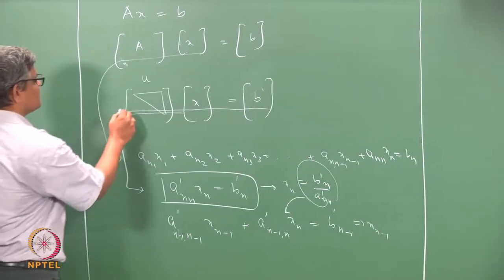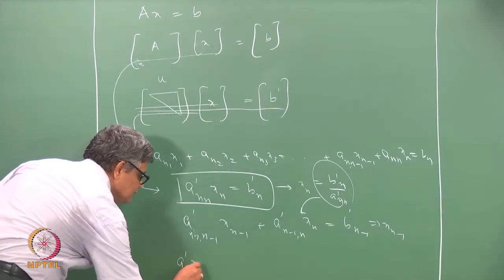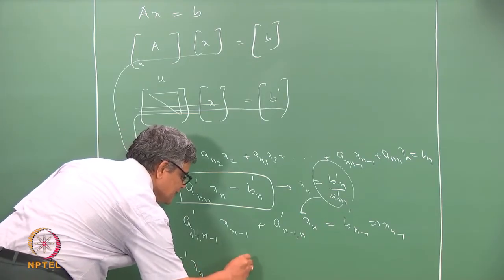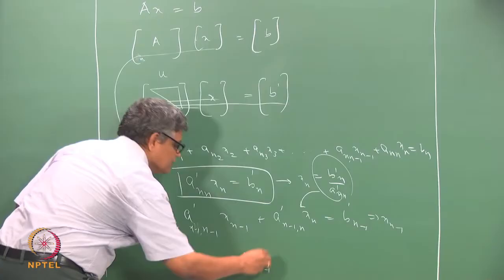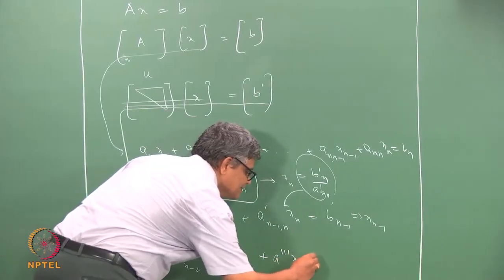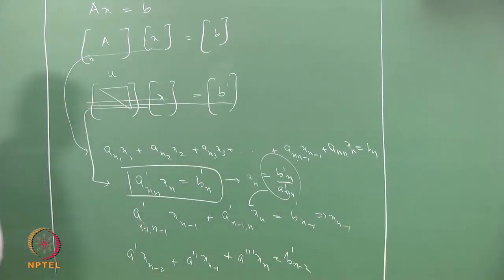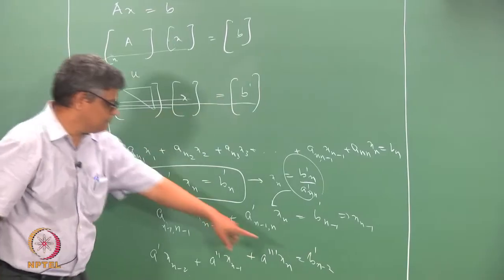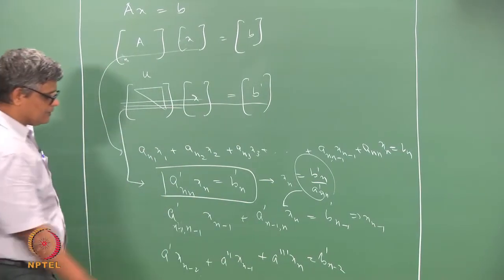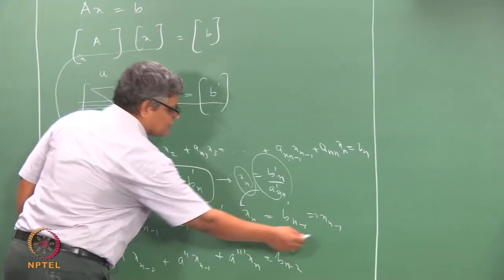Similarly, the third equation from bottom is put in some form of xn minus 2 plus a double prime xn minus 1 plus a triple prime xn equal to b prime n minus 2. So the right hand side of this equation gets changed and the coefficients also get changed. But by this time we already know xn and we already know xn minus 1.